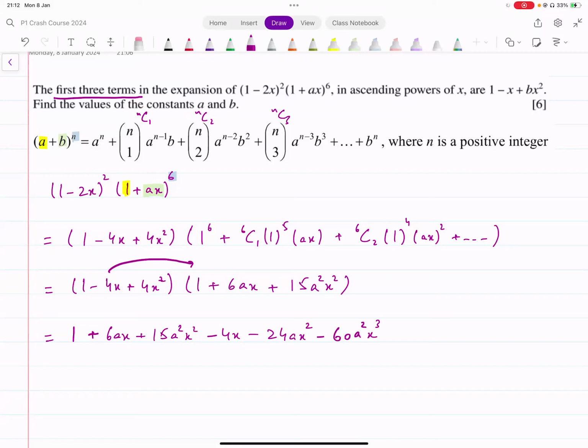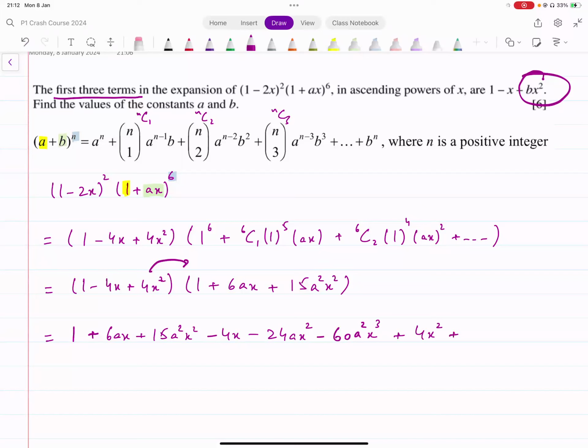Now, since you only need terms up to x squared, you could also just ignore this term, right? If you wanted, you could just not write this at all. You just ignore this as well because you don't need it, right? And that will be okay. Then you have 4x squared into this. That's 4x squared into 1. That's 4x squared. 4x squared into 6ax.